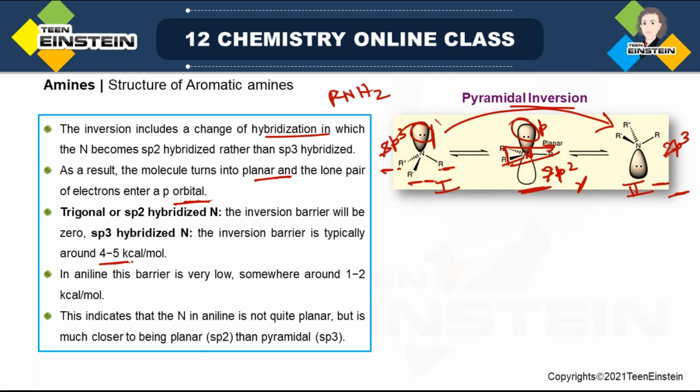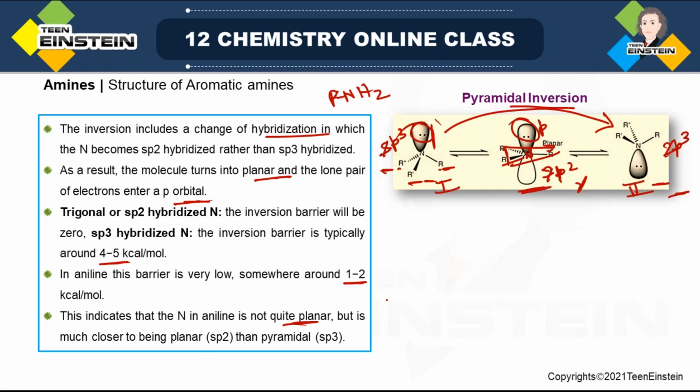Now when it is aniline, the simplest aromatic amine structure possible, this barrier is very, very low, somewhere around 1 to 2 kilocalorie per mole. And it proves that when you have an aromatic amine, aniline, the nitrogen is not exactly planar. So don't think it is purely sp2 hybridized, because here also inversion is possible. And the ease of inversion is better.